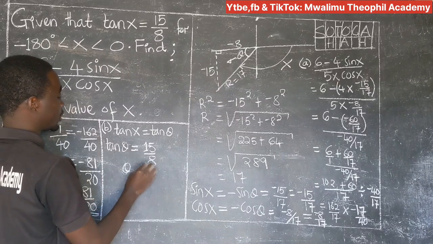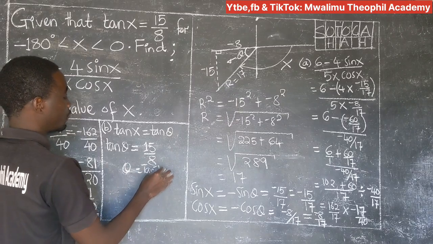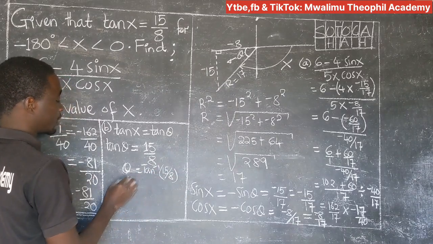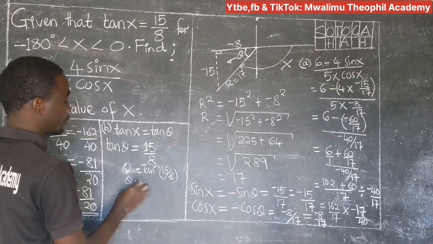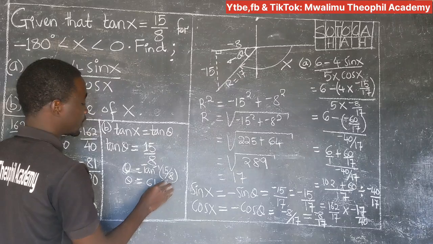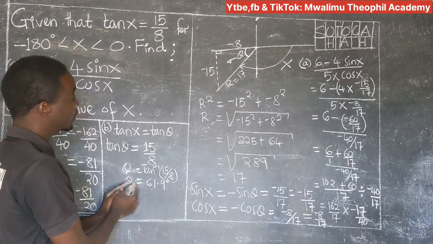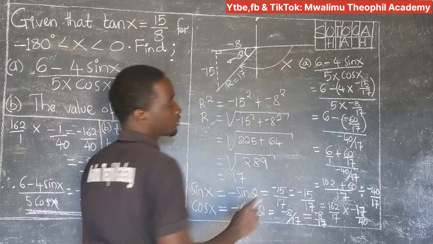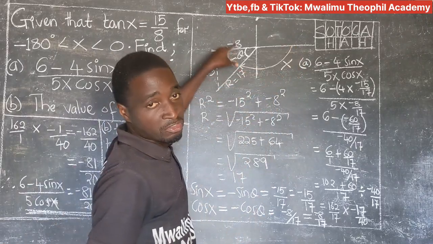So theta is equal to tan inverse of 15 divided by 8. When we solve it in a calculator, we get 61.9. Here we've already obtained the acute angle corresponding to the given angle x. But remember, angle x is a negative angle.